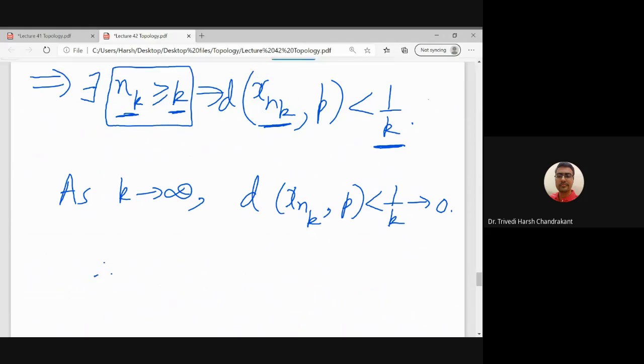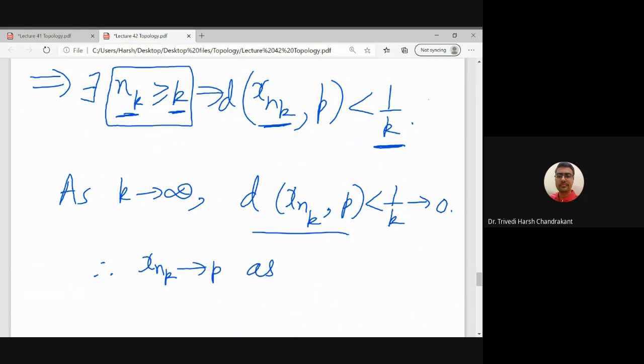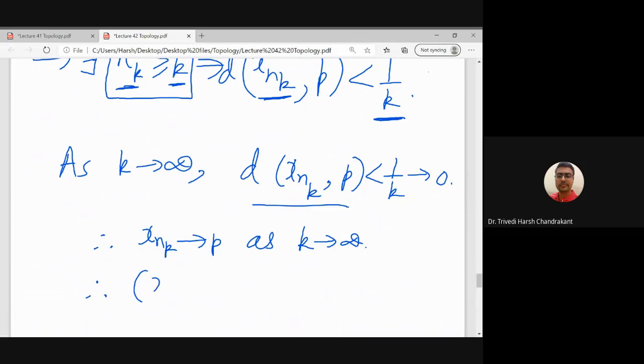So therefore, since this distance goes to 0, x_{n_k} converges to p. So basically we found that the sequence x_n has a subsequence x_{n_k} which converges to p, and p belongs to X, right?